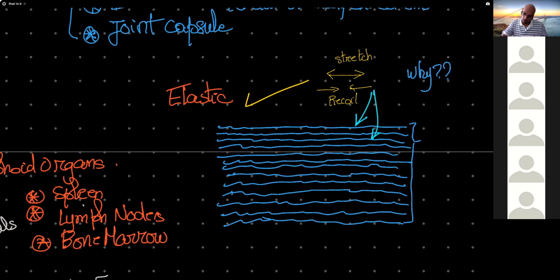All right, so what's the function? It's to allow stretch, and when you stretch it, it will be doing what? It recoils. So where do I need to stretch for the organ to recoil next? Stretch it, it recoils.